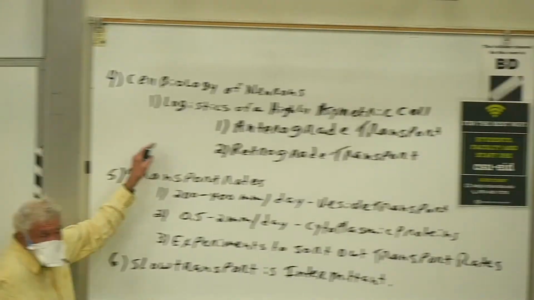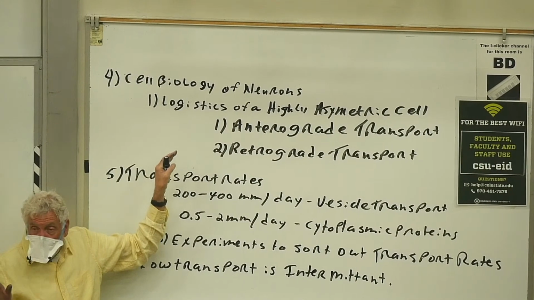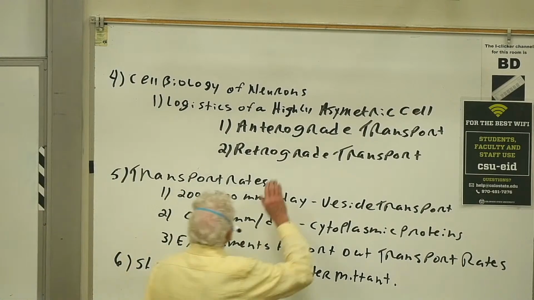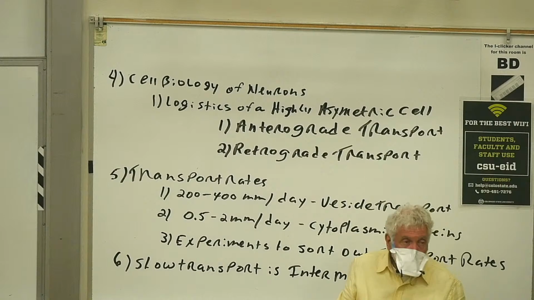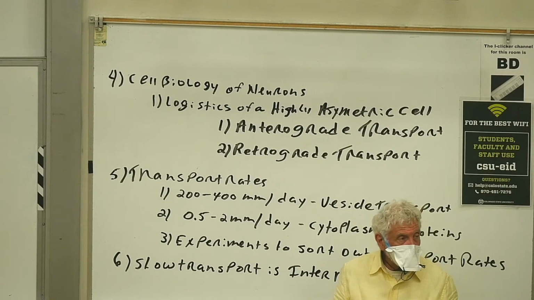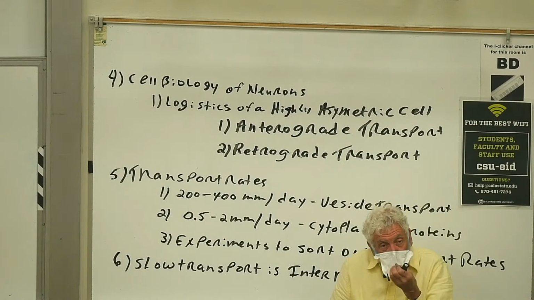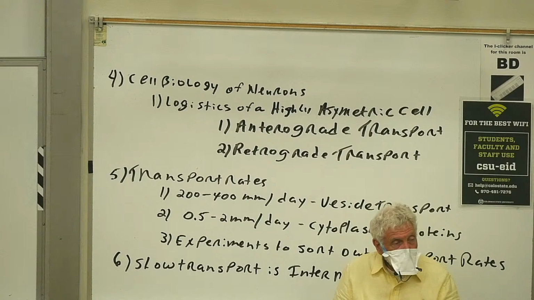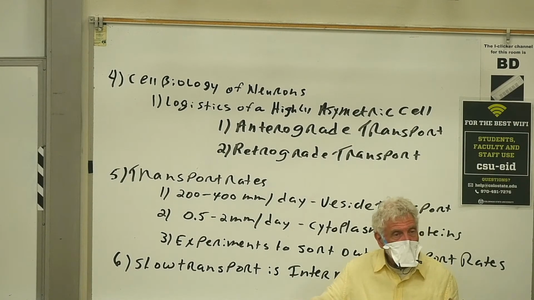But one of the characteristics that will come out of the structure of the neuron, whether we're talking about the functional structure or the anatomic structure, is the fact that these are highly asymmetric cells. It's not unusual to have a motor neuron that resides in your spinal cord and goes down to your toe. The neuronal cell body has to be located in the central nervous system, but that axon, the conductor region, is going to go over a meter.